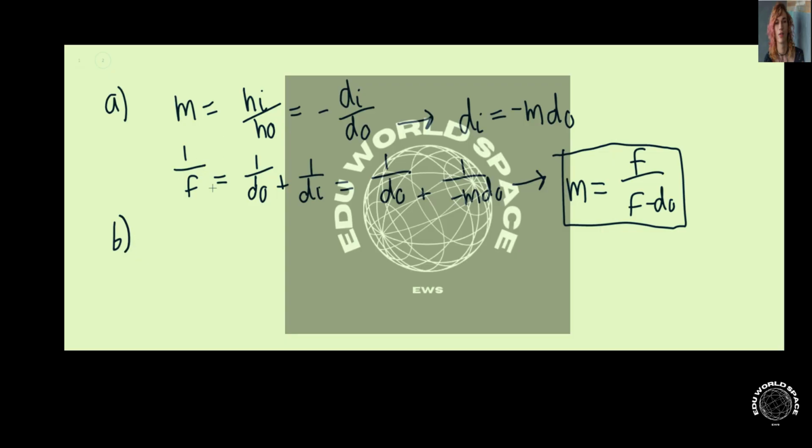So if we simply set f to be some number and always have d0 greater than f, when we plot this, we will end up with a plot that looks something like this. Okay, so here's m, here's d0. We end up with something like this.